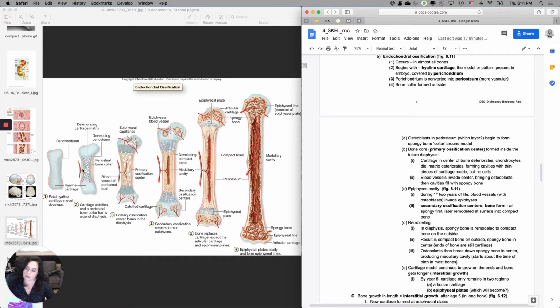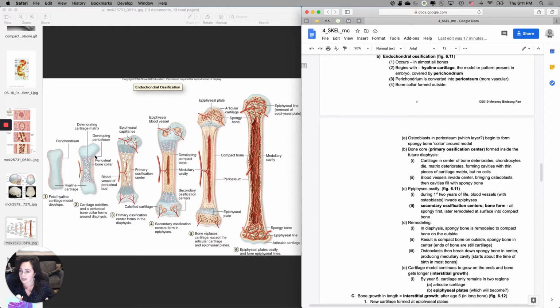Overlapping with that, I'm also going to migrate some blood vessels into the middle of the diaphysis. And when I do that, I am actually going to bring osteoblasts, osteoclasts, and osteoprogenitor cells.